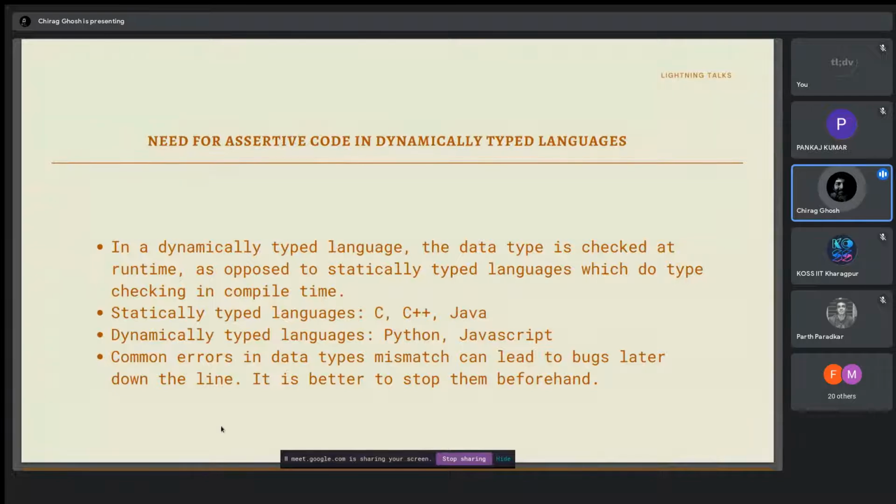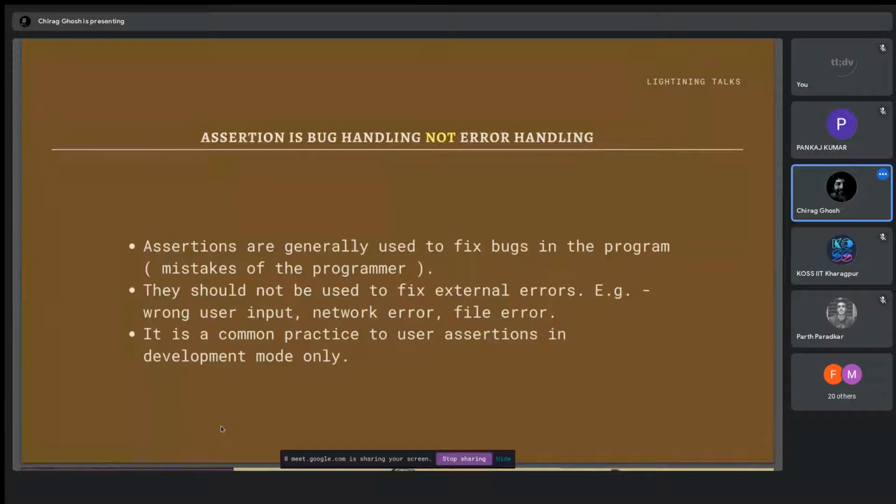Okay, so now as we have got an idea about assertive coding, let's get into what it is not. Assertions are basically used to check problems or bugs which are caused by the programmer. Assertion is not error handling. For example, we are creating a login page. If the user inputs some wrong, invalid data, we don't want our app to crash there, right?